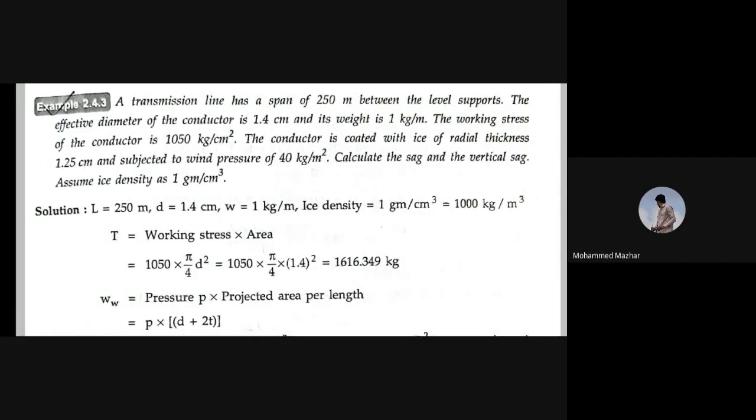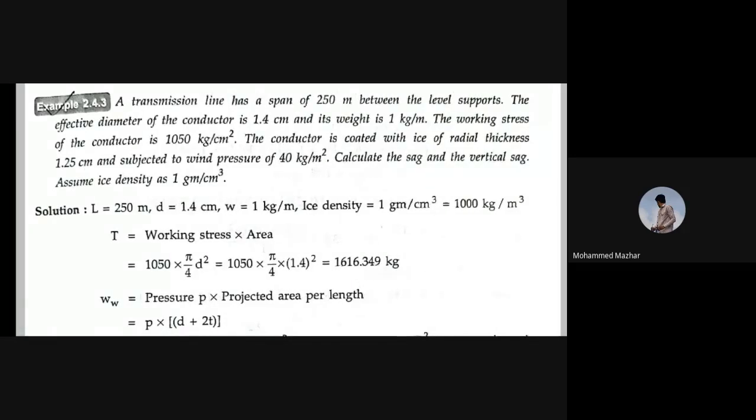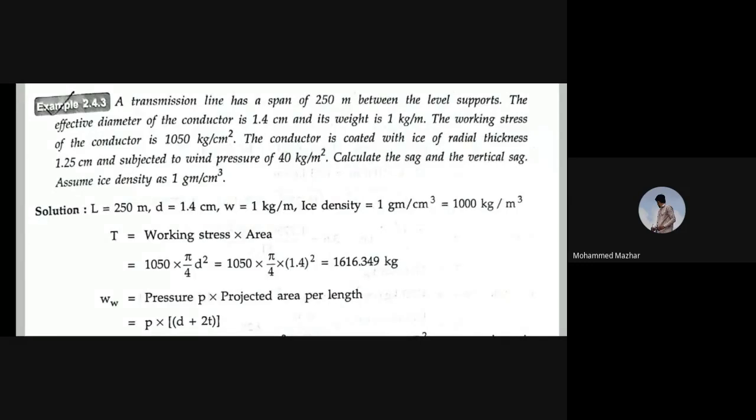Okay. Next is the wind. Wind force equals pressure P multiplied by projected area per length. Pressure P is 40, because you read in the problem it is given as a wind pressure of 40 kg per meter square. So P is 40 multiplied by the projected area per length, that is D plus 2T, where D is 1.4, the diameter in centimeter.